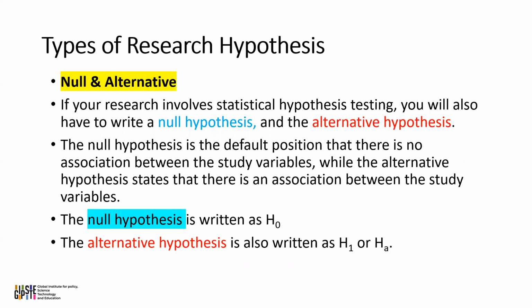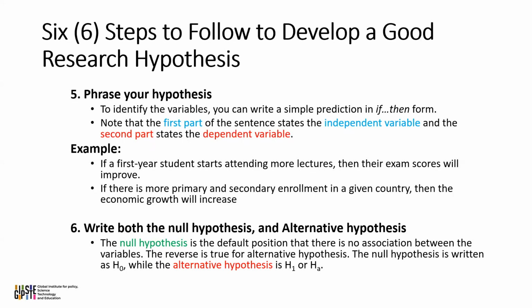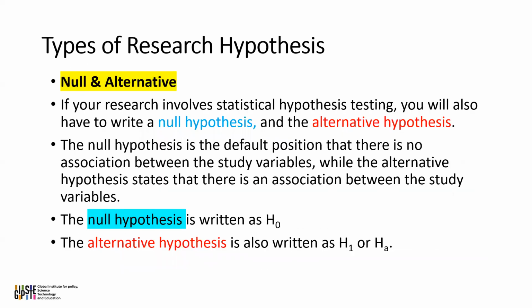This brings us to the types of research hypothesis. The null and the alternate, as we saw from these previous slides, writing down both the null and the alternate hypothesis. If your research involves statistical hypothesis testing, you also have to write a null hypothesis and alternate hypothesis.